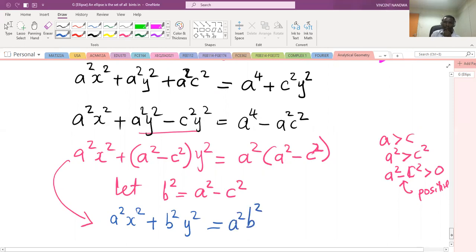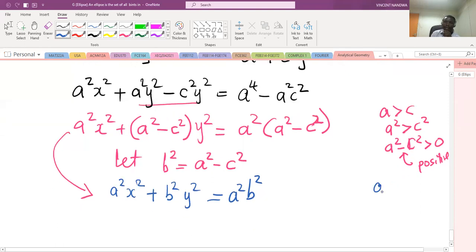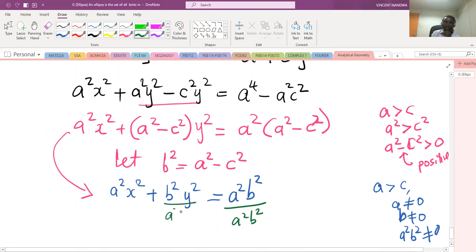This part is b squared. And since a is greater than c and a is not 0, and also b is not 0, then a squared times b squared is a non-zero value, so we can divide by that value. So dividing through by a squared b squared, a squared and a squared cancel out, b squared and b squared cancel out.